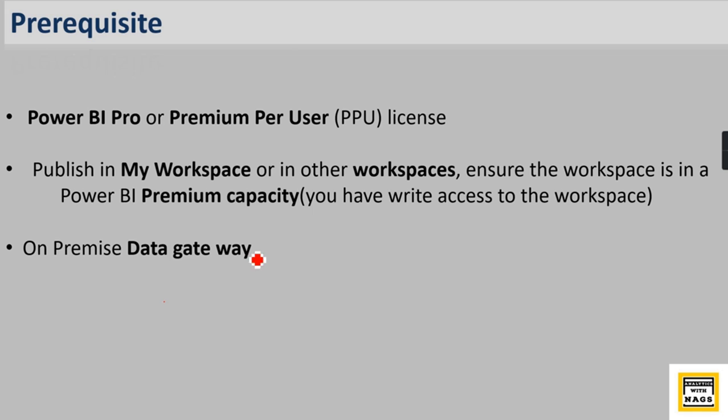Then an on-premises data gateway. So you should have a gateway to connect to your Power BI data as well, if your data is on-premises. If it's in Azure or some other data source, the story is different. So these are some of the prerequisites. Ensure you have these, then we will go for it.